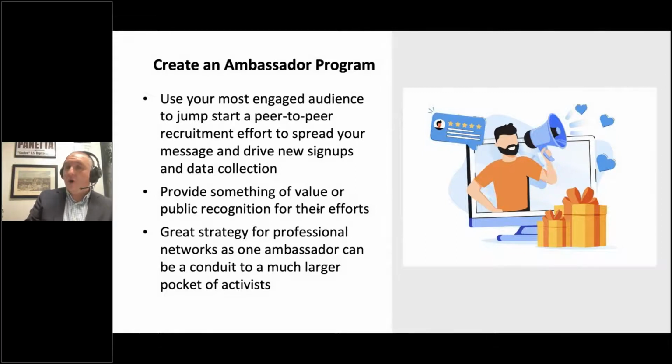There's somebody who lives in this congressional district, lives in this state, has opened all our emails. They work here. This would be a great person to reach out to and see if they can help us grow our list. And then you can give them the tools, and the sample email messages. You can work with them on a one-to-one basis to do that, and drive people into your organization, and start collecting more names, and then start the process of getting more information on them.